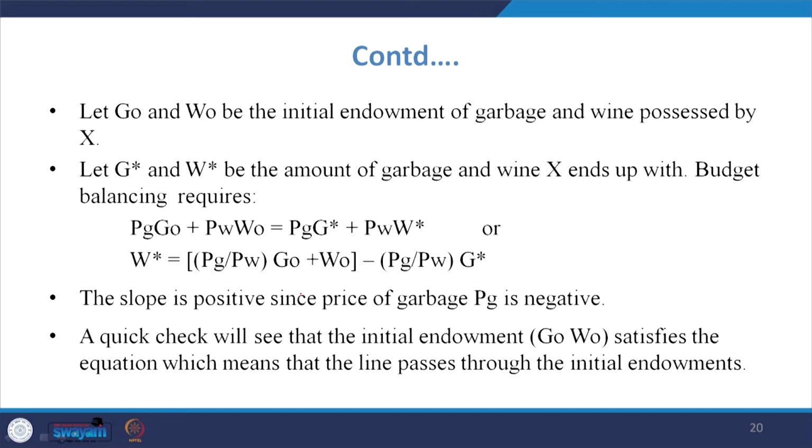So, the amount of money that X has, in terms of the value of the two products, is PG G0 plus PW W0, and that will be equal to the actual quantity of garbage remaining with person X after the trade and the actual quantity of wine remaining with person X after the trade, that is PG capital G star plus PW capital W star.